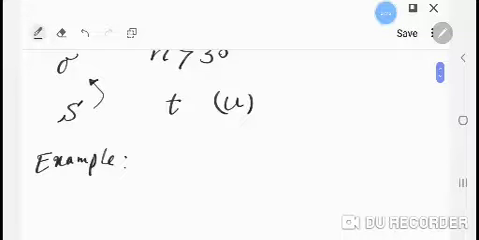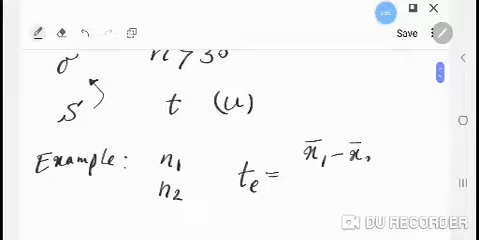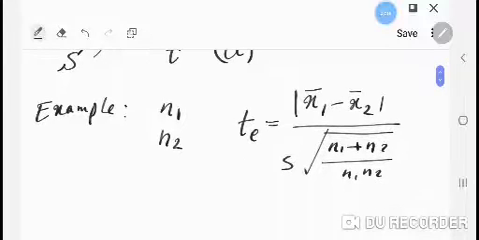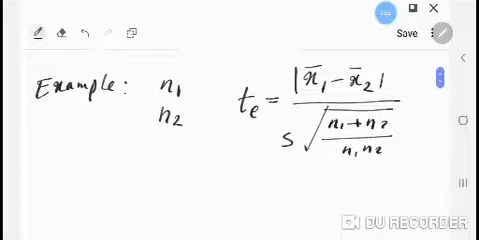If two samples of N1 and N2 items are taken at random from a single population, we can calculate t by using this equation, where S is the standard deviation of the samples, which are assumed equal.